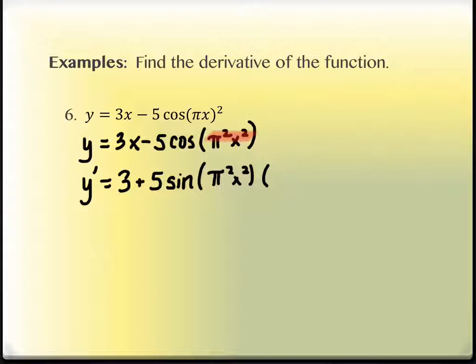What's the derivative of pi squared x squared? Okay, what do you guys think the derivative of pi squared x squared is? 2 pi, 2x. I haven't heard the right answer yet.